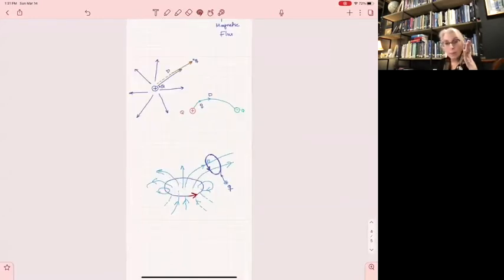So in essence, that's the difference between B and H. The B is a totally mathematical field. Excuse me, H is a totally mathematical field. We just created it to write Maxwell's equations, to give a mathematical foundation to the phenomena.